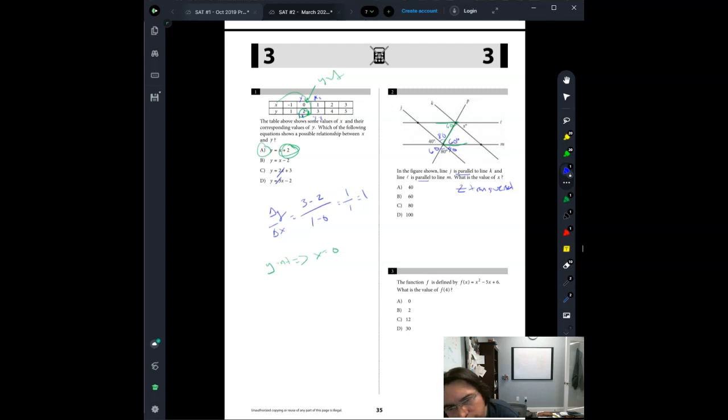I'm trying to find my other Z in here. I'm not sure why I'm struggling with this one. Okay, let's see. If I know this is my Z here and this is 60, then this whole segment here has to be 120 degrees.